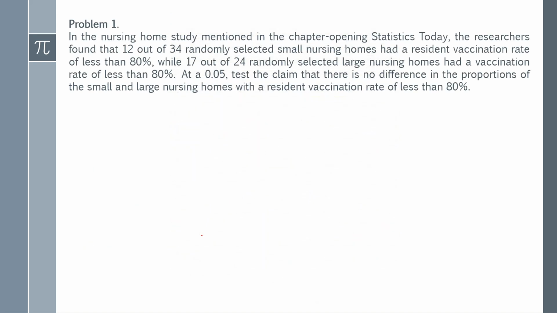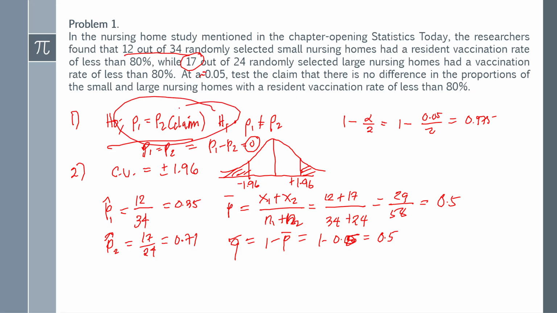So let's go back here. Our claim is there is no difference in the proportions of small and large nursing homes with a resident vaccination of less than 80%.